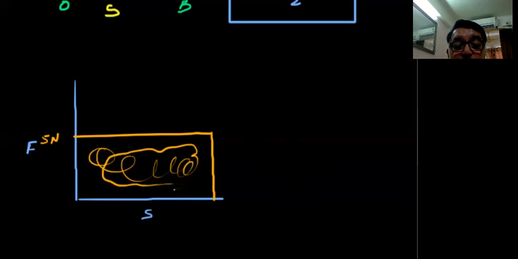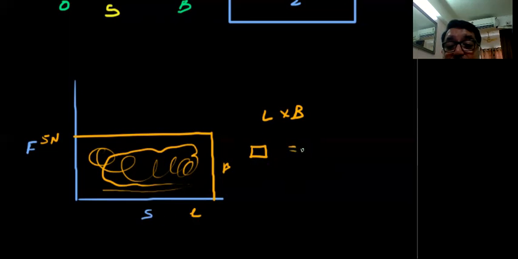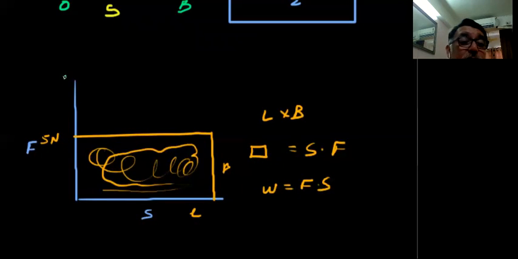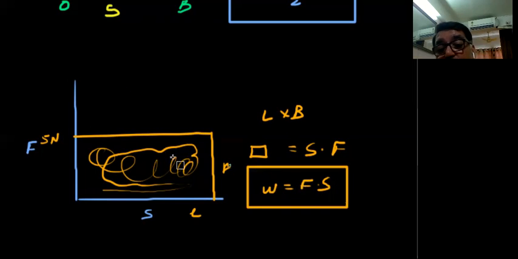Now we all know how to find the area of a rectangle. Area of a rectangle equals L into B. Let's say this is our length L and this is our breadth B. So L equals S and breadth equals F. So again, work done equals F into S. Now you can do the derivation by a graph, or you can do it mathematically, which we have done earlier.